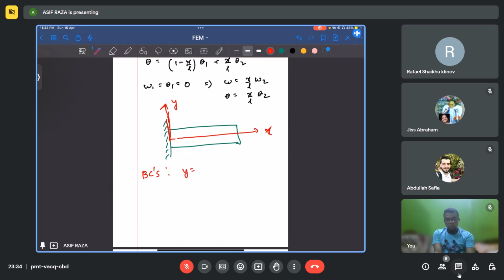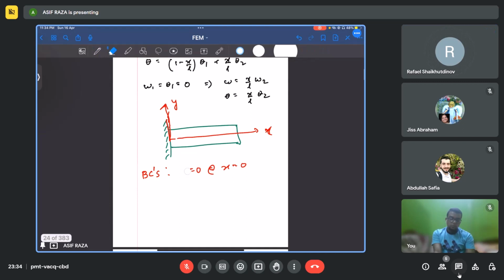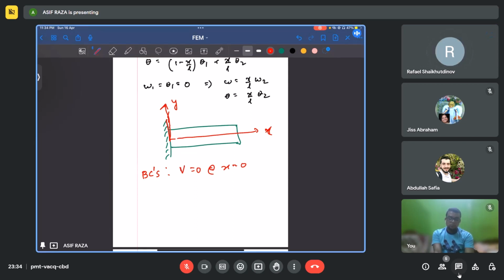Or I would say, not y, the deformation in y is v equal to 0, and v prime, or theta, is 0 at x equal to 0.